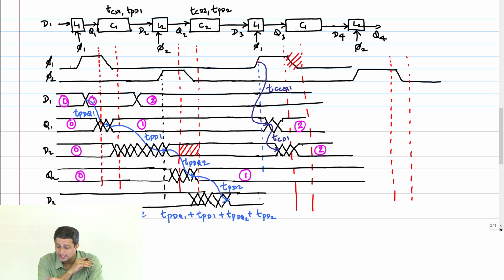Which means that this change of TCCQ1 plus TCD1 should happen outside the hold window. Correct? So what is the constraint that I can write for that now? By the way, this delay is what? T non-overlap.